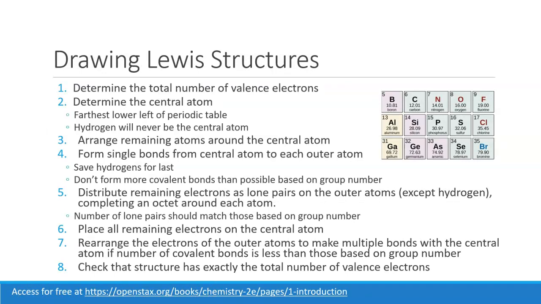Once we've formed all of our lone pairs, if our central atom or any atom still doesn't have the correct number of covalent bonds, then we may start to form multiple bonds. Again, that's what we'll do in the next video. The last step is to always check and make sure that our structure has exactly the total number of valence electrons that we started with. No more and no less.